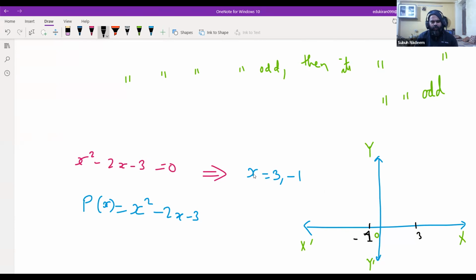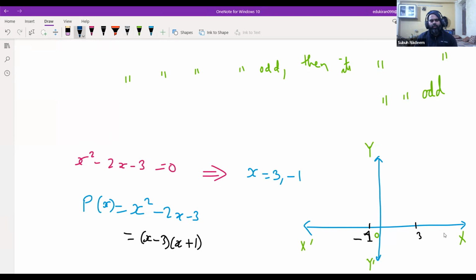It is simply, if you already factorize it, x minus 3 into x plus 1. So the rightmost region will be, the third region, above the x-axis or below the x-axis?